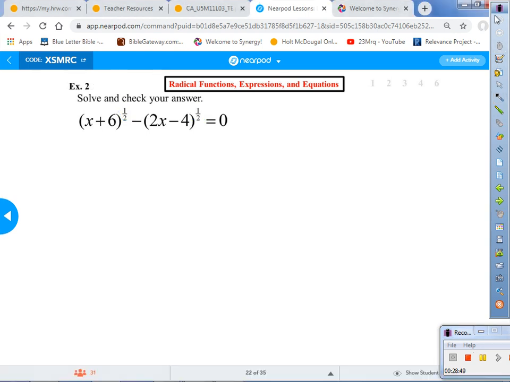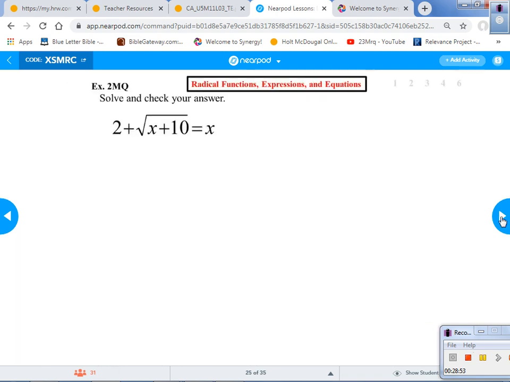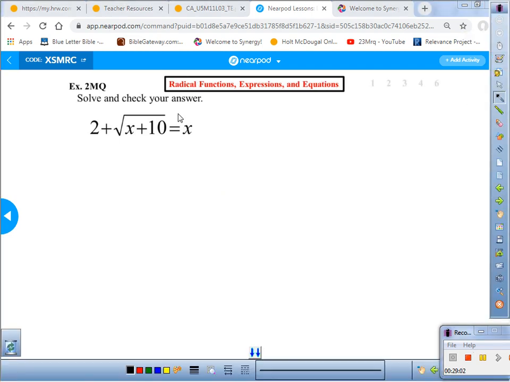So what does it look like with this one, though? Look at this one. Let me get you started. Look at it. Chelsea, what would I do? Isolate the radical, so subtract 2 from each side.